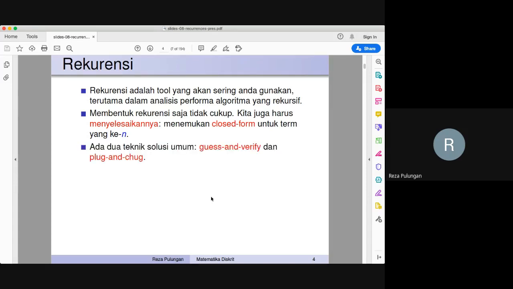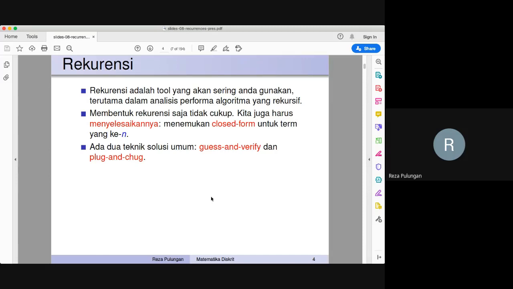There are two techniques that we can use to find the solution. The first one is called guess and verify. We'll see this later. The second one is plug and chug. Guess and verify relies on your guessing. If you can guess, then we will be able to find the solution.